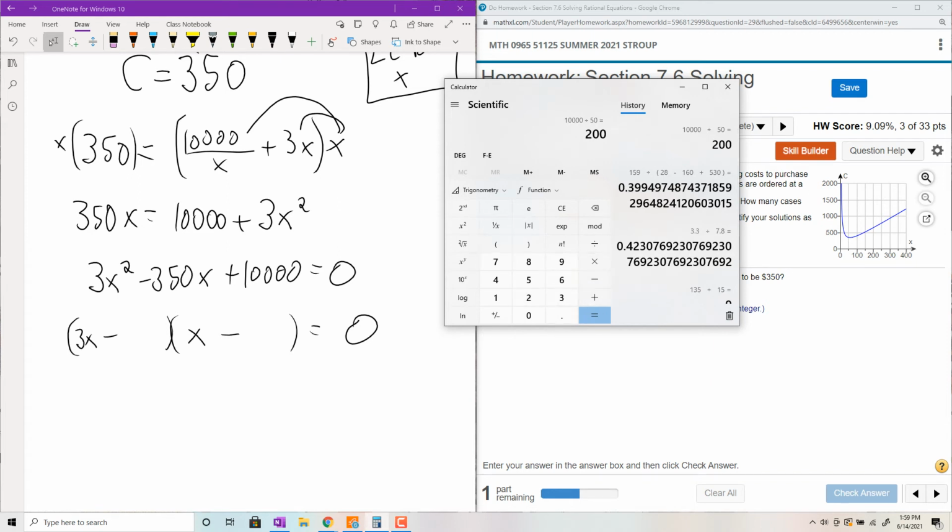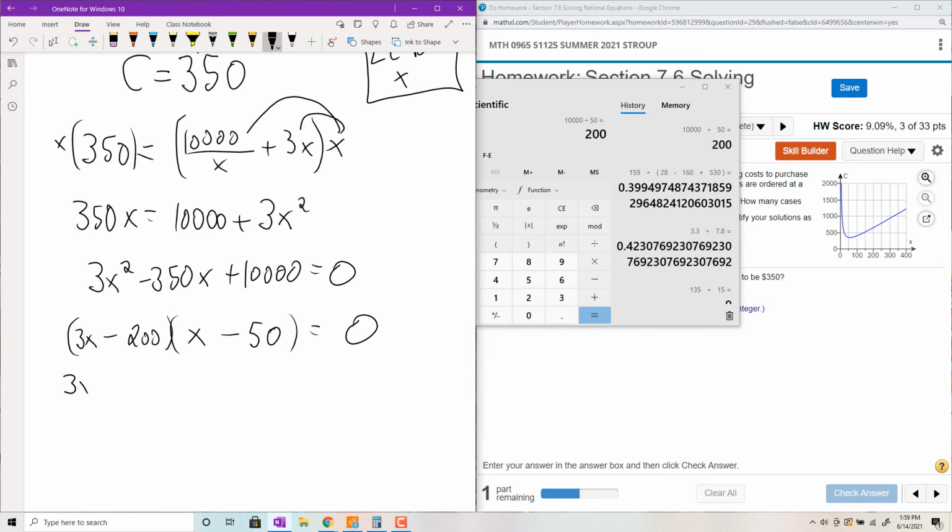Yeah, that will work. Okay, so if I put the 200 here, and then I think the 50 here, the outer terms will be 150, the inner will be 200, and then when you add them, you'll get the 350. Okay, so 3x minus 200 equals 0, and then x minus 50 equals 0.